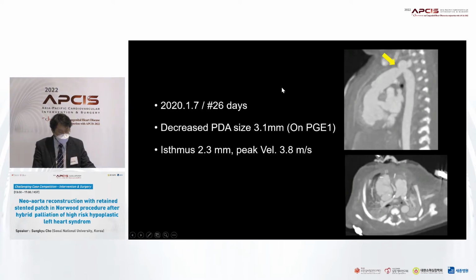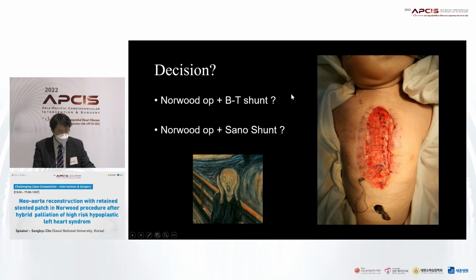But we found the PDA size was decreasing despite continuous infusion of PGE1, and a small isthmus. We had to do something, but it was expected that the patient's general condition would not be good after major surgery with a very serious wound problem.